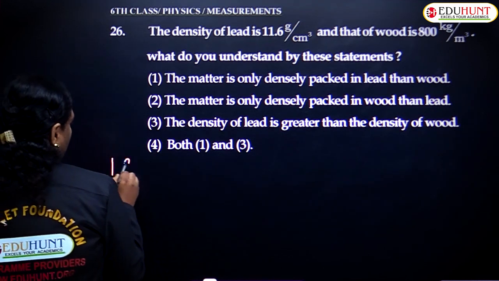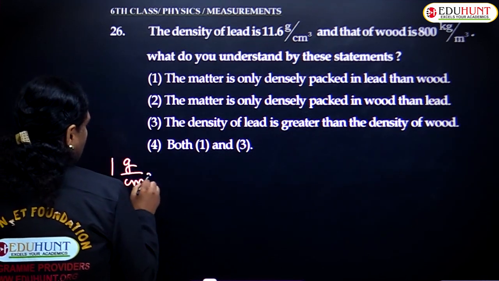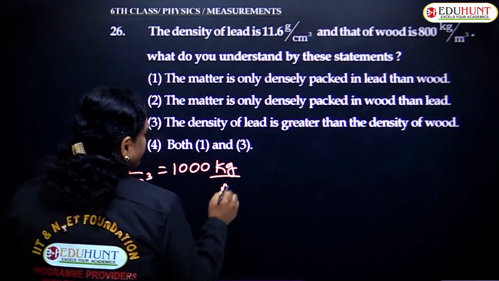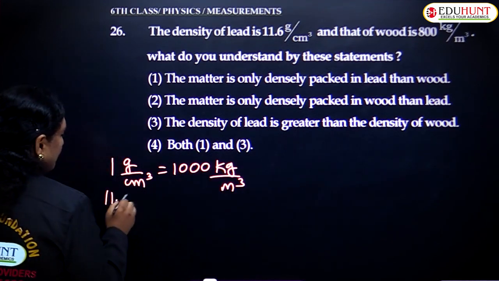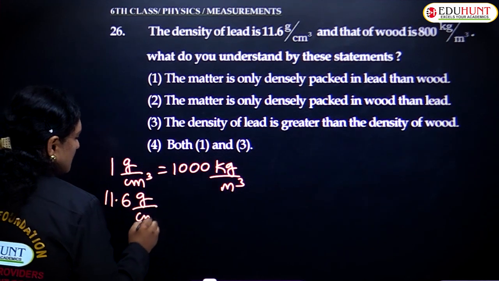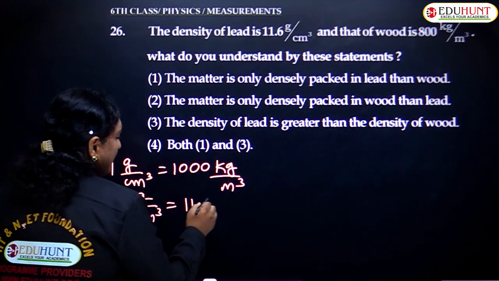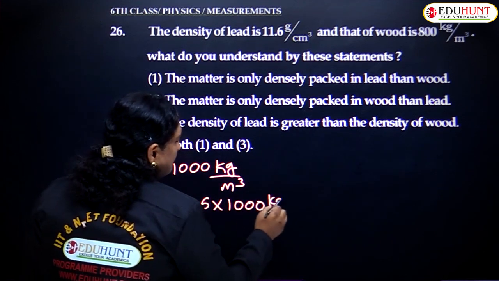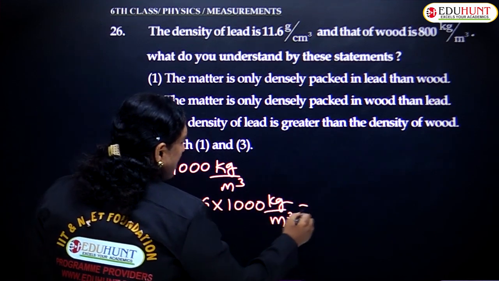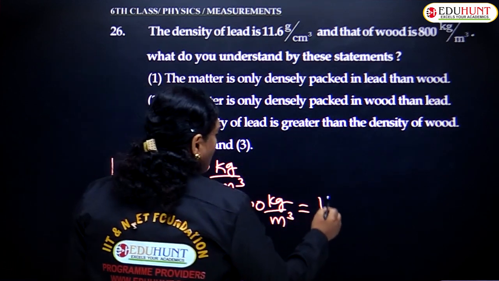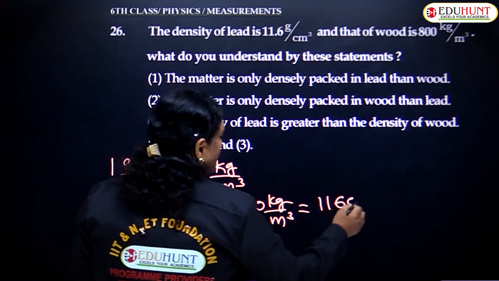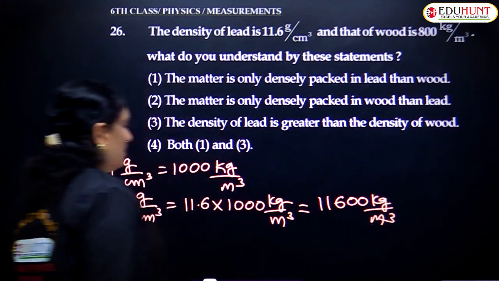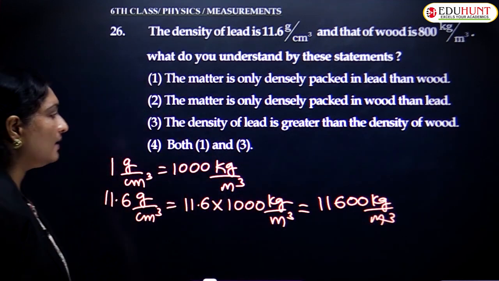So 11.6 gram per centimeter cube is equal to 11.6 into 1000 kg per meter cube. If you multiply this, how much will you get? 11600 kg per meter cube. Isn't it, children? Okay, yes.